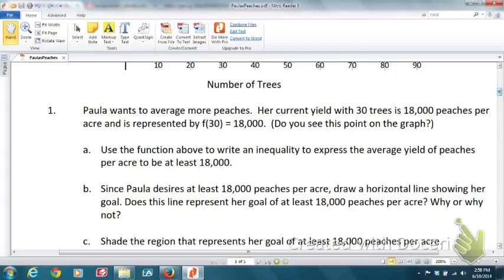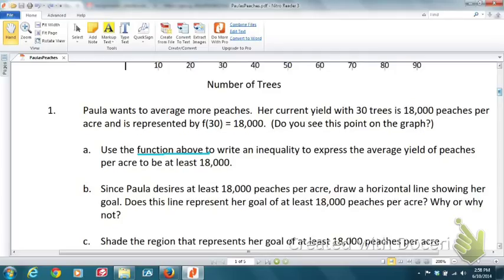In A, it says use the function above to write an inequality to express the average yield of peaches. So I'm going to underline that. It says use the function above. The function above would be the function that was given to you in the beginning.